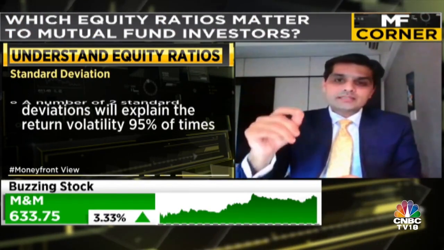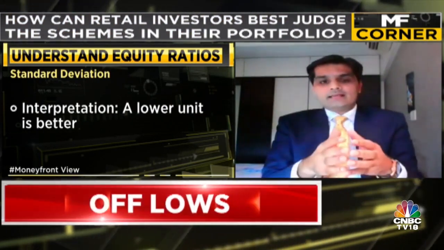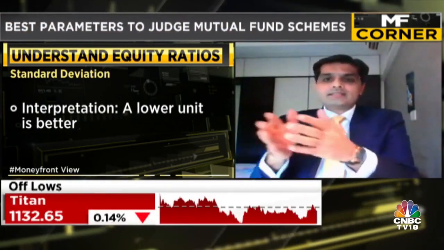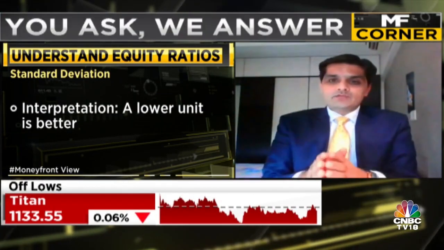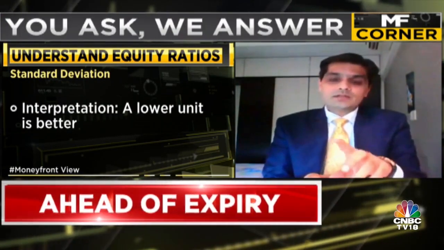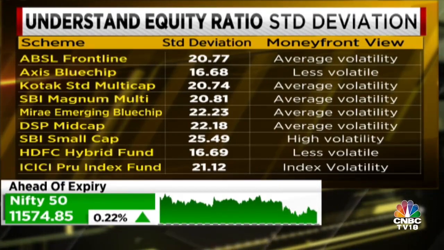But if you use this number of standard deviation, let's say the average return of a fund is 10% and the standard deviation is 4%, that will show that 68% of the times the fund will deliver between 10 minus 4, which is 6%, and 10 plus 4, which is 14%. So that's the range of returns.